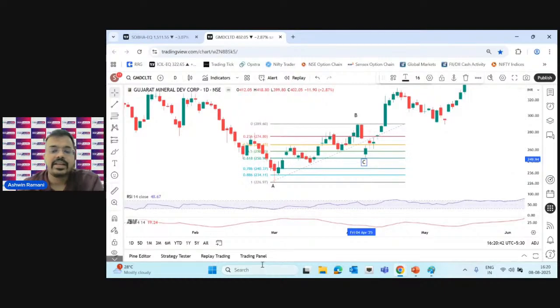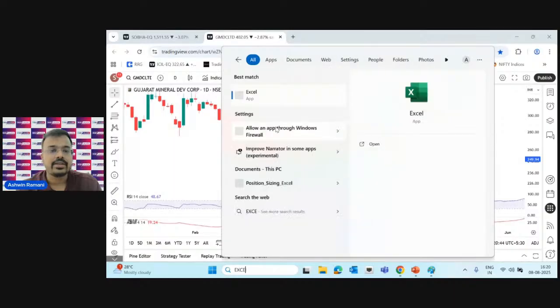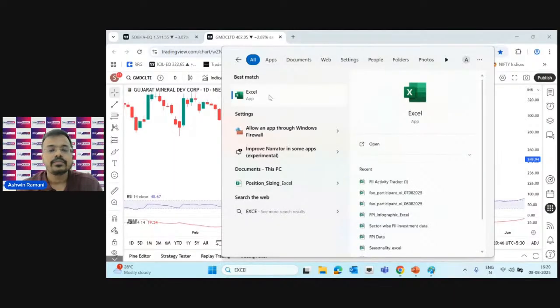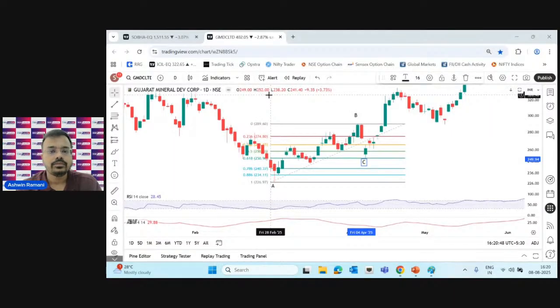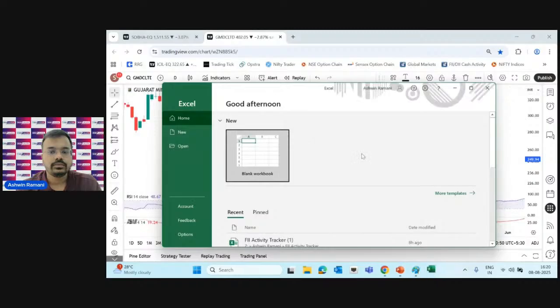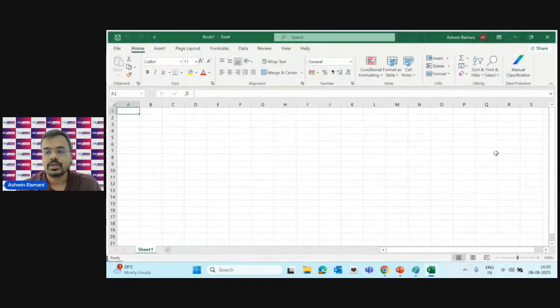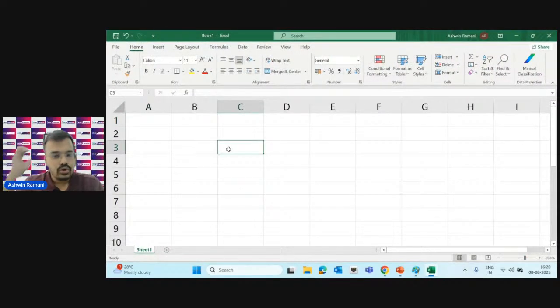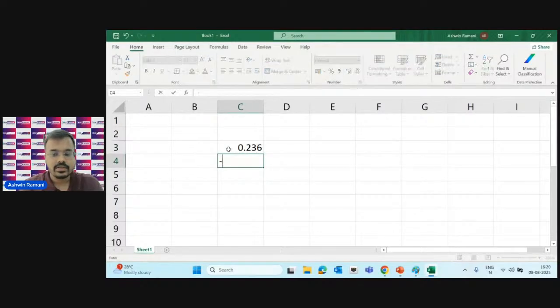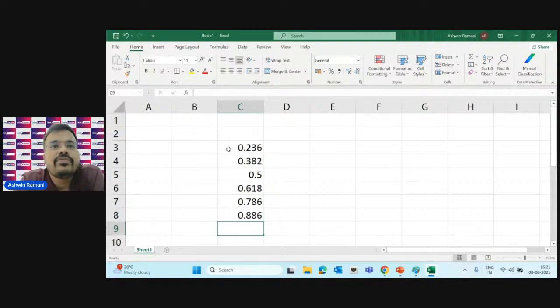Perfect. So let me take up my Excel because I would need an Excel also now. Okay. So I'll write some numbers 0.236, 0.382, 0.5, 0.618, 0.786, 0.886. Okay. Perfect.